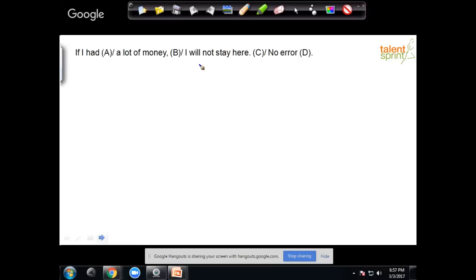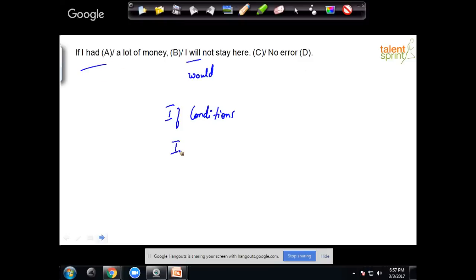Not will, but would. What is the rule here? It's an if conditional, right? Remember the if conditionals? First conditional, second conditional, third conditional. For those who don't know, the form for this is the second conditional. How do I know that?